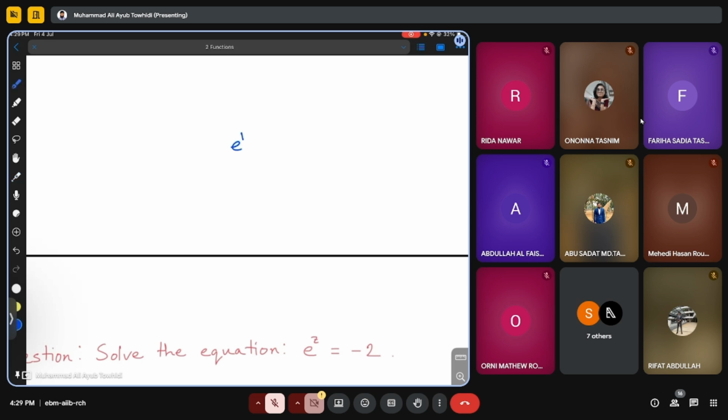So e to the power 1 equals 2.7 something. e to the power 2 equals 8 point something. e to the power 2, e to the power 3, e to the power 4: is there any chance they will be negative, or should all of them be positive?